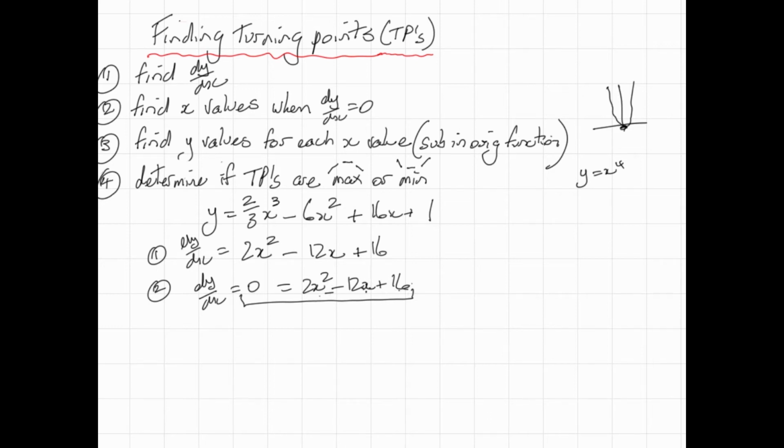But we've got 2 as a factor here, so we can divide by 2, and we get 0 equals x squared minus 6x plus 8. And we need to be able to solve that. Now, how can you solve that? You've got 2 ways. You should know your quadratic formula, or it's sometimes simplest to factorise.